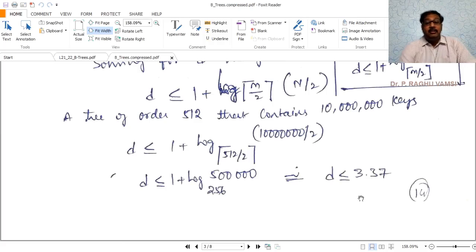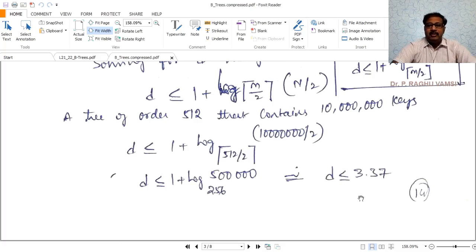Look at the worst case depth in a B tree of around 10 million elements with order 512. That means if you can maintain a B tree of order 512, then the depth will fall down to 3.37. At most 3.5 is the depth.